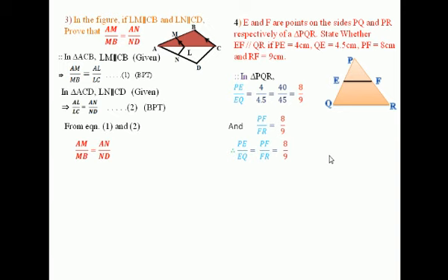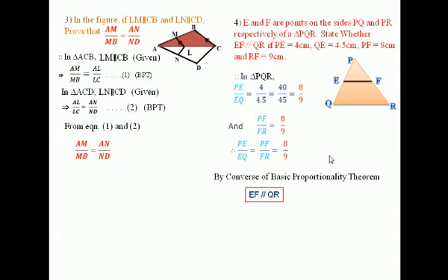Since the ratios are equal, by converse of basic proportionality theorem, we say that EF is parallel to QR. The converse of BPT says that if a line divides two sides of a triangle in proportion, then that line is parallel to the third side of the triangle. So by using the converse of BPT, we can state whether EF is parallel to QR or not.